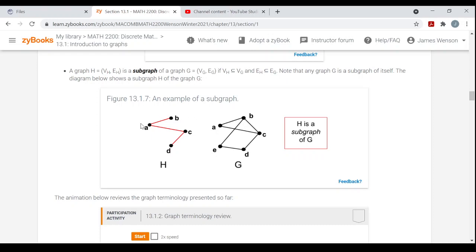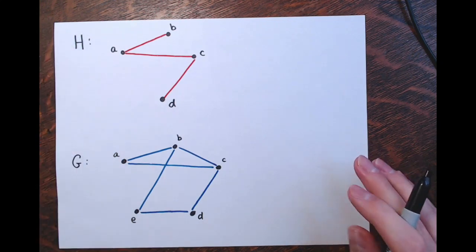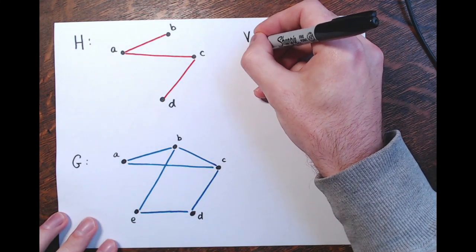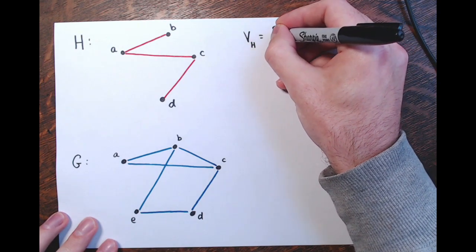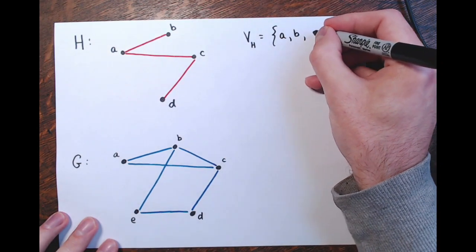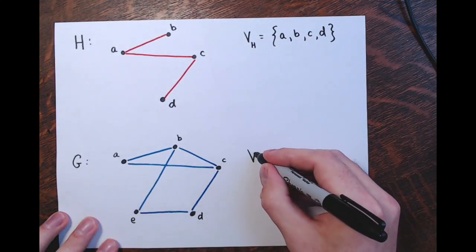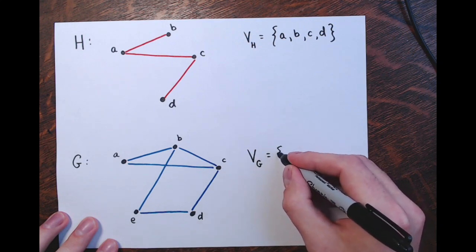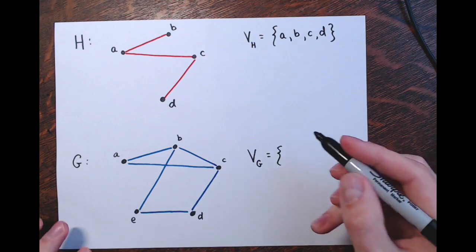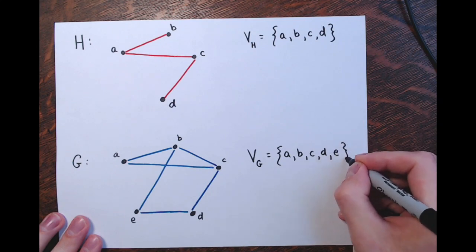They show you, see, H here is a subgraph of graph G. All right, so here I have drawn graph H, graph G. Now the vertex set of graph H, which I'll call VH, is the set of the vertices in graph H, that's A, B, C, D. And the vertex set of graph G is the set of its vertices, which are A, B, C, D, and E. Right, so that's one part of this, right?